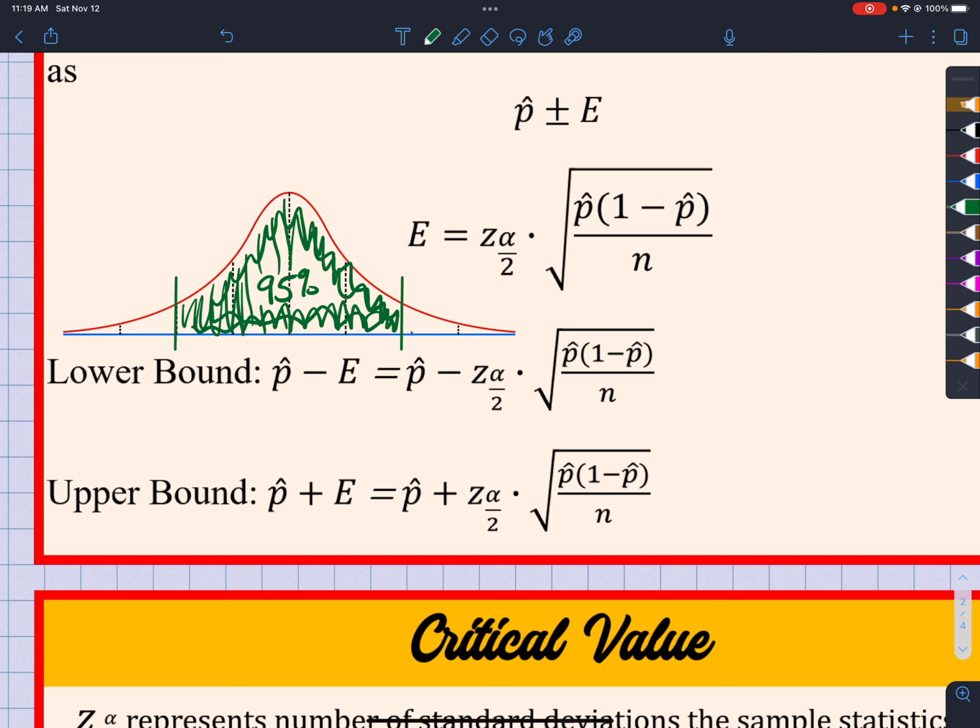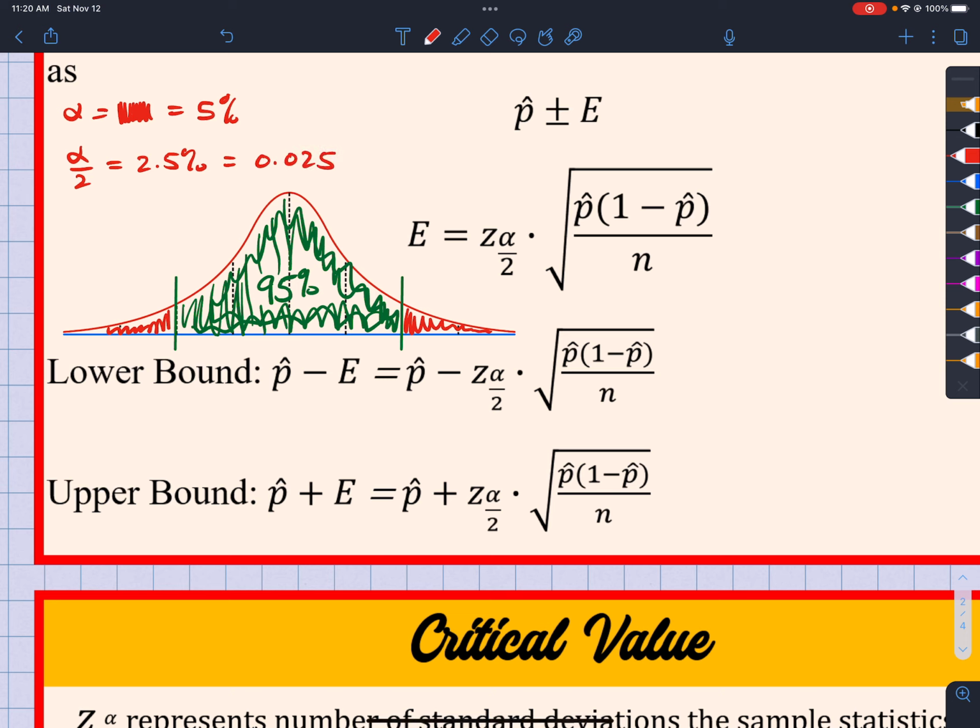Now, what do we have left? We know that the area on the curve is 1, or 100%. That means we have left the right tail and the left tail. The two tails, the red shading here, equal 5%, which is my total alpha. Since it's split in half, each tail is going to equal 2.5%, which in decimal will be 0.025.